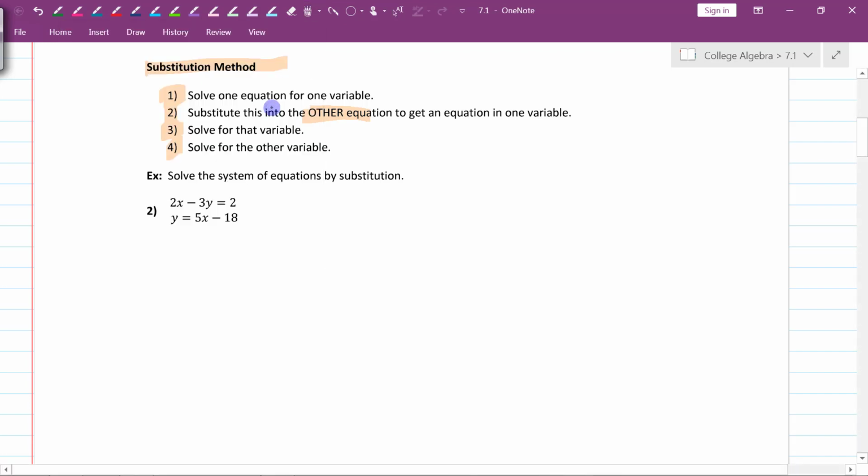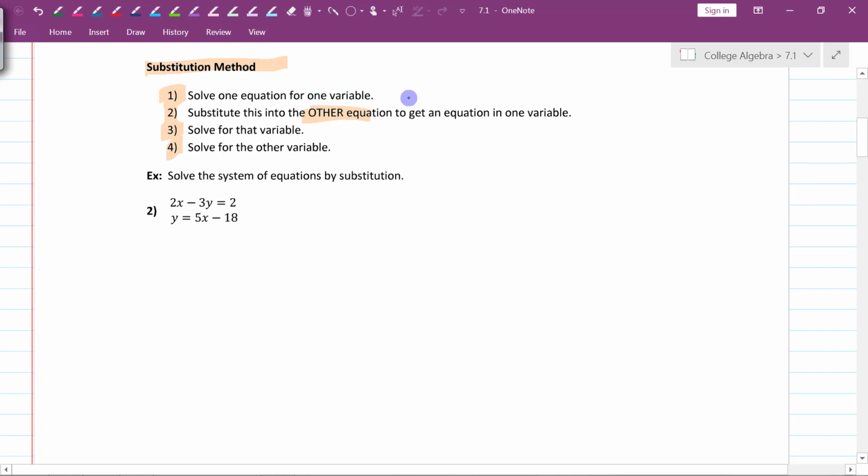So in example 2, it says solve the system of equations using the method of substitution. So the method is specified. Here you're going to notice that we've already solved for one variable. The problem was set up like that, so we didn't have to do any work to do step 1. Step 1 says solve one equation for one variable.